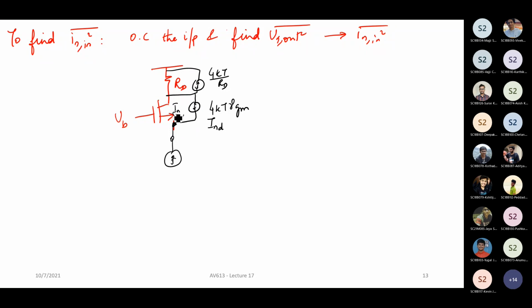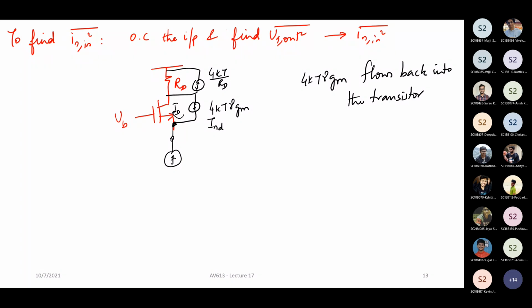Because you're open circuiting the input, and this is just a model to show the input referred noise current. So this entire 4kT gamma gm flows back into the transistor, because the current has nowhere else to flow.